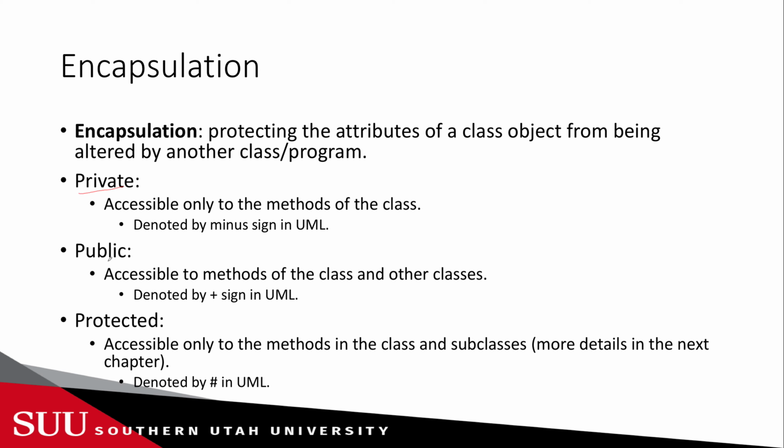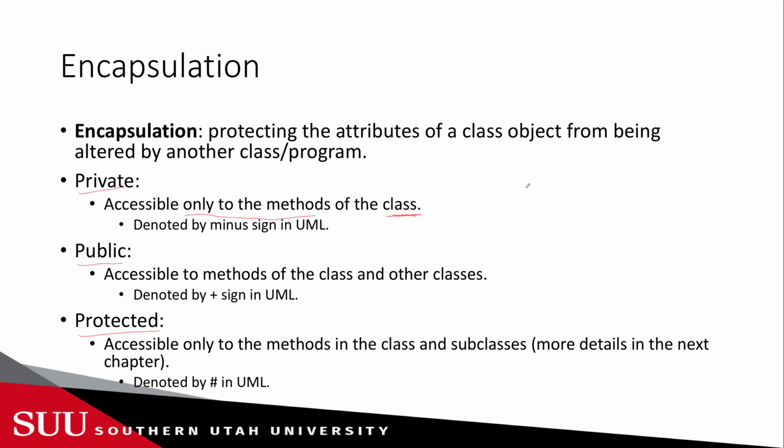Now we have private, public, and protected. So if the attribute is private, it's going to be accessible only to the methods of the class in which they are contained. So if we go back to the rectangle example, if I declare my variables as private, I can access them only from that class.